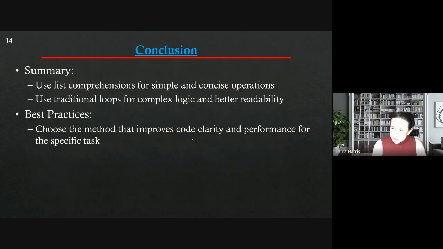So in summary, we use list comprehensions for simple and concise operations. We use traditional loops for more complex logic that's going to require human readability. And at the end of the day, it's best to choose the method that improves the code clarity and performance per your specific task. And I cannot emphasize enough: per your specific task.